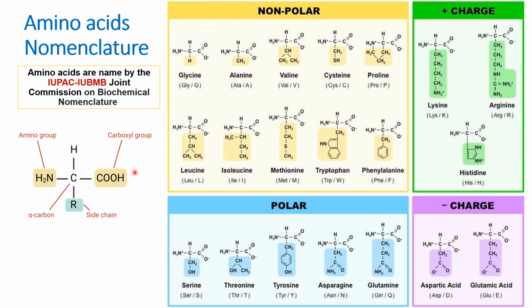In the sense, amino acids can be classified as neutral amino acids or basic amino acids or acidic amino acids. So you see these two amino acids, they have the name acid in them, aspartic acid and glutamic acid. So they are acidic amino acids.